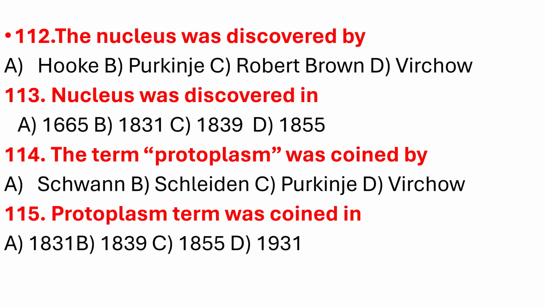The nucleus was discovered by Hooke, Purkinje, Robert Brown, Virchow. Option C, Robert Brown. The nucleus was discovered in 1665, 1831, 1839, 1855: 1831.